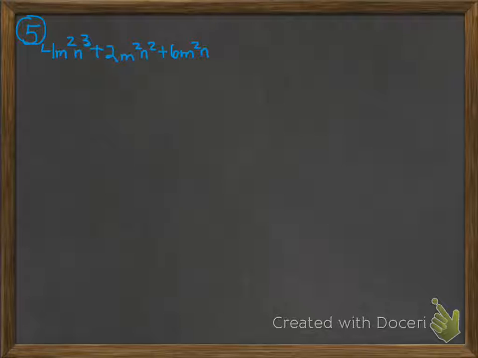So our last one here, a little bit longer. Looking through, it's all divisible by 2. So we have a 2. And they all have m, at least m squared. And they all have an n. So 4 divided by 2m squared n gives me 2. And I'm taking out all of my m squares.